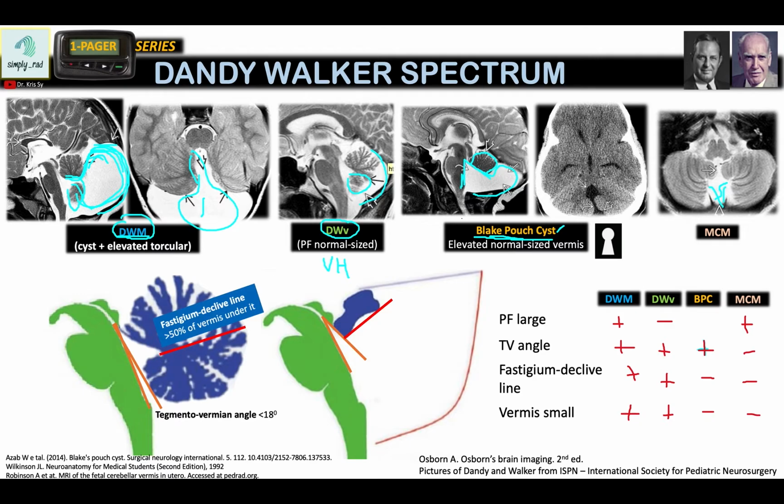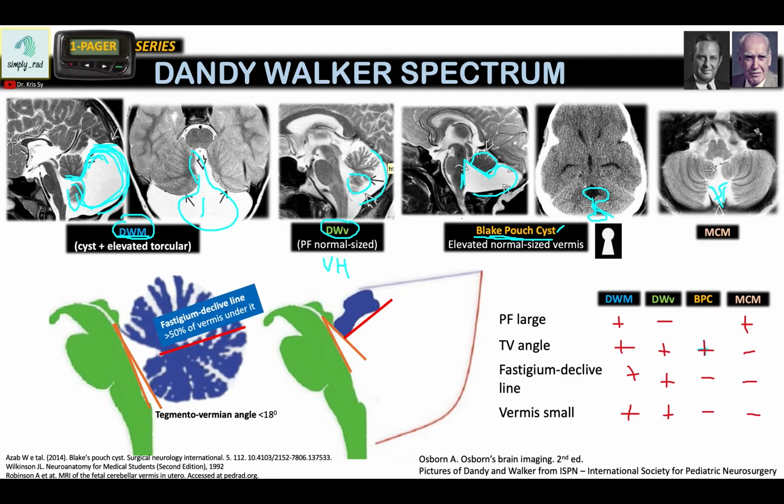But when you scroll and take a look at the volume of the vermis, it will be normal in size or normal in volume. On axial image, you see this keyhole sign. This is the ventricle, and that is the cyst being formed.